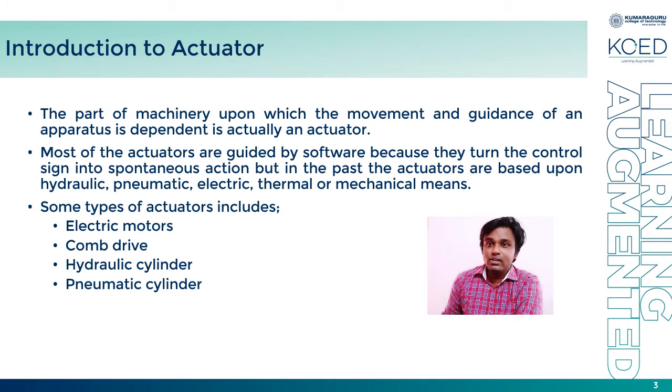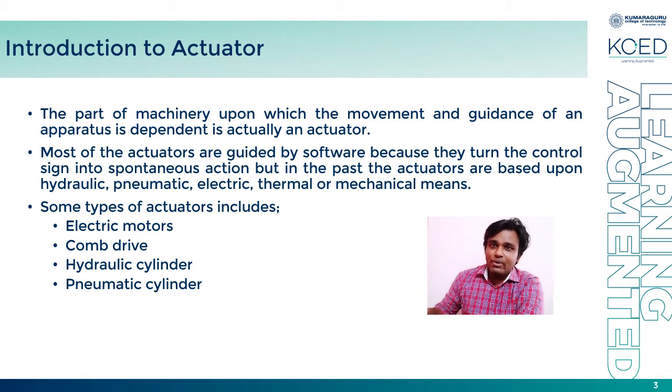Next one is, what are actuators. The actuators are the part of the machinery upon which the movement or guidance of an apparatus is dependent. Most of the actuators are guided by software because they turn the control signal into a spontaneous action, but in the past the actuators were based upon hydraulic, pneumatic, electric, thermal and mechanical means.